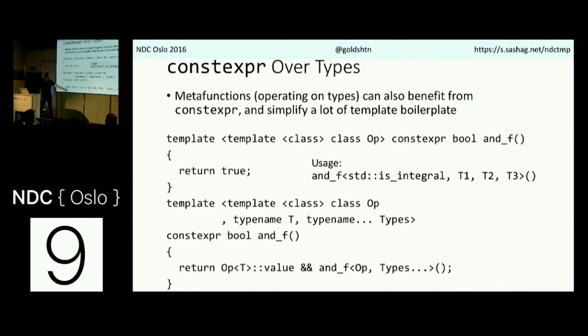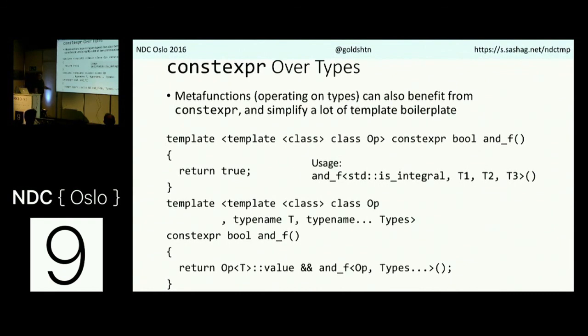So we ask, is op of t true? And the recursive invocation for all the rest of the types is true as well. And that's what we return. And the whole thing, of course, is constexpr, so it's all evaluated at compile time. It's not like at runtime you're actually going to have any recursive invocations. That whole thing just falls down to true or false at compile time.